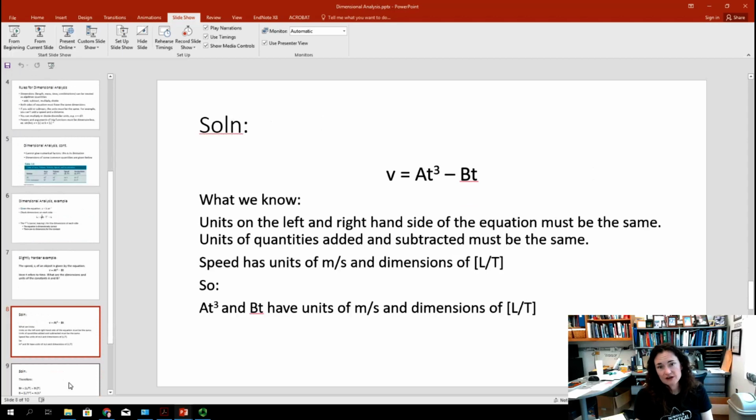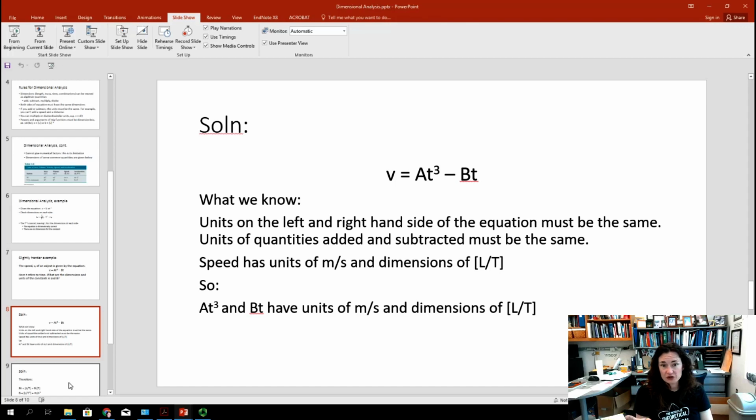Alright, here we go. So our equation, v is equal to at cubed minus bt. What do we know about this? Well, we know that units on the left and the right hand side of an equation have to be the same. And we know that the units of quantities added and subtracted must be the same. So what does that tell us? That tells us that the quantities v, at cubed, and bt all have to have the same units.